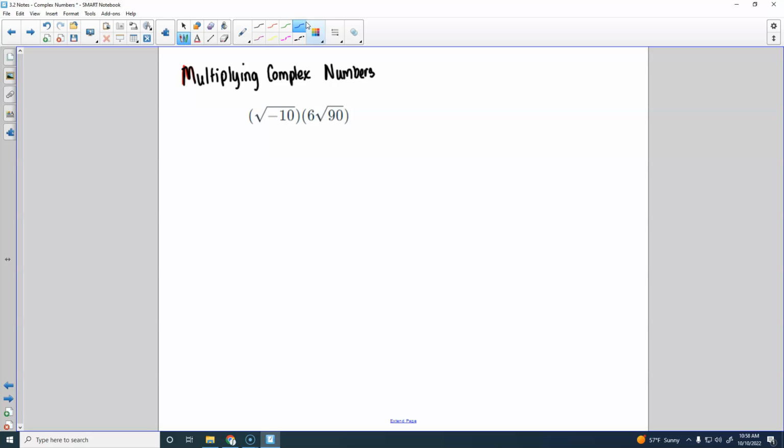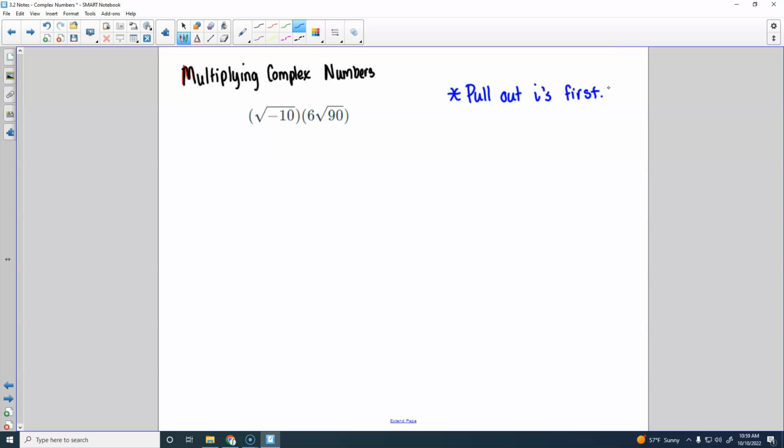It won't happen on this particular one. But let's write ourselves a note here. I want you to pull out i's first. The reason for that is if you do not, you will get answers that are not imaginary when you should have ones that are imaginary.